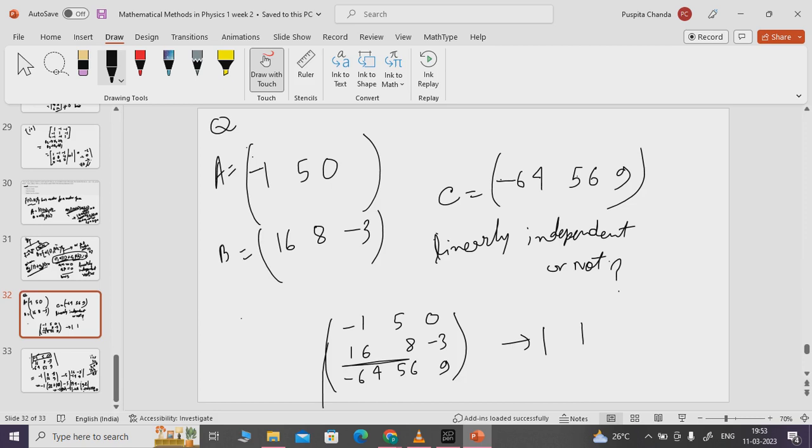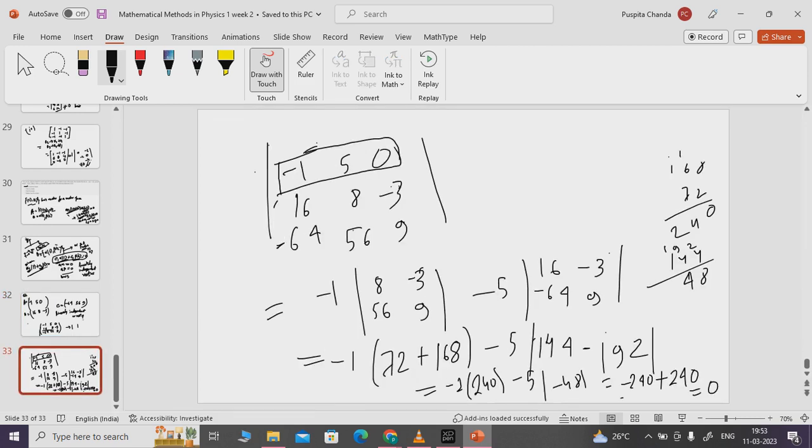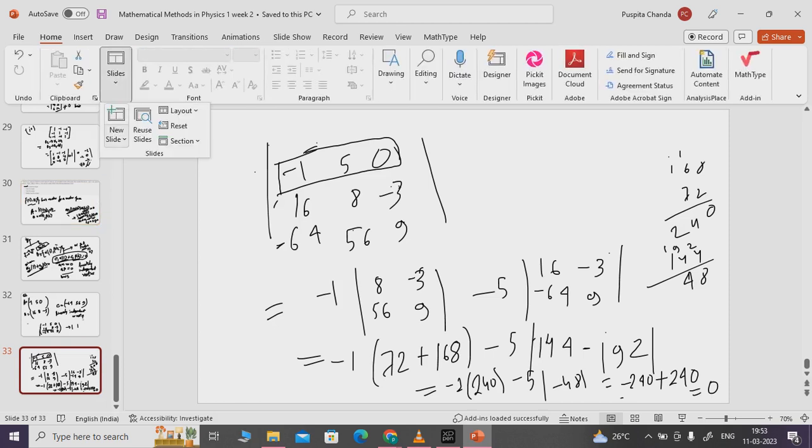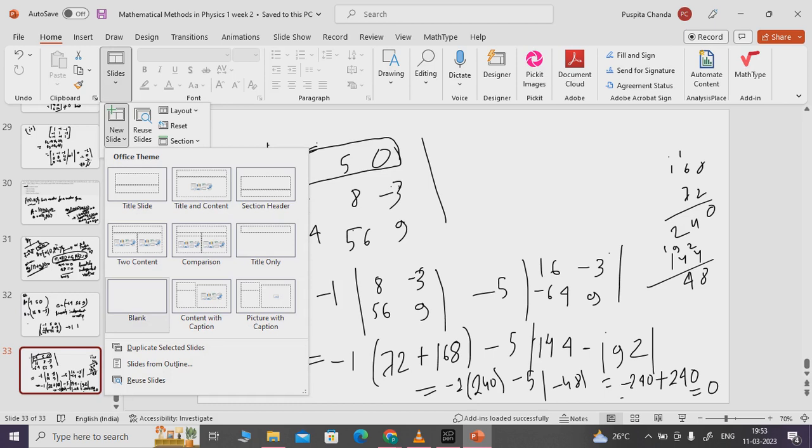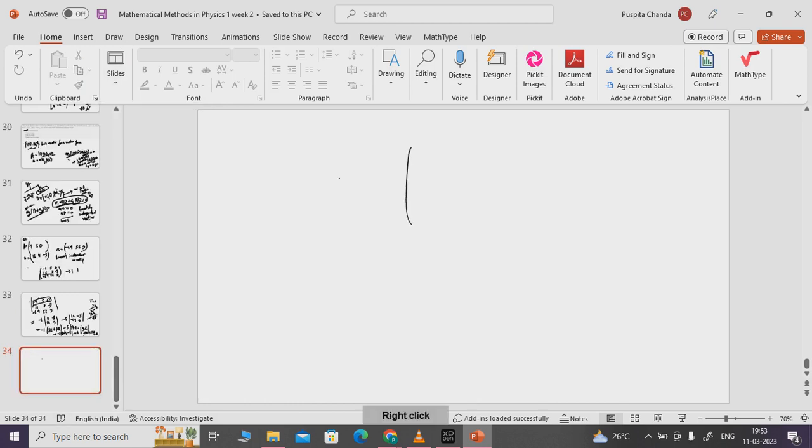Here, like minus 3, 9, 8, 56, 16, 64, one row will be some kind of multiple or linear combination of two other rows. If by a look you are certain that it is some kind of combination, then you can say it is a linearly dependent vector or basis.